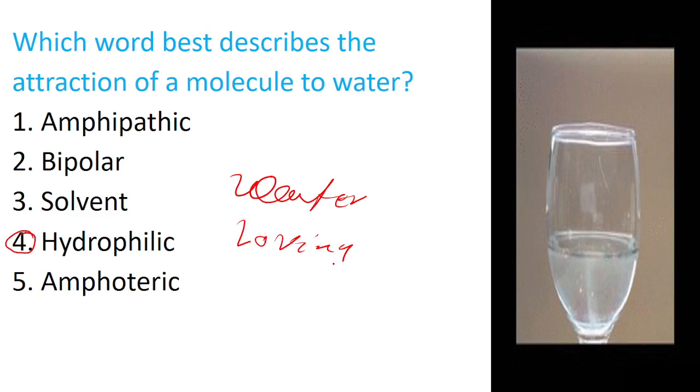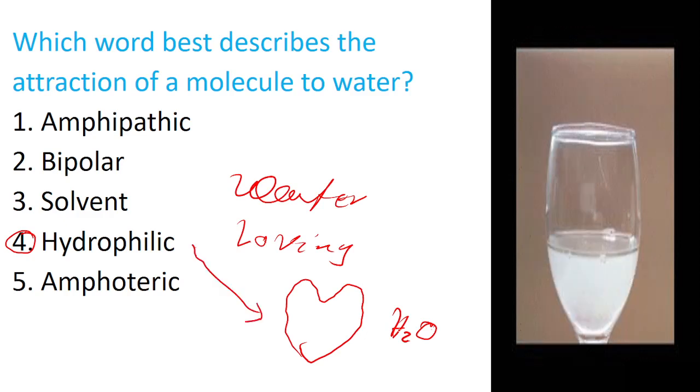Don't know if I still have the skill of drawing a love water, love H2O. So when you talk of molecules that are capable of dissolving in water, that means that they are water loving. So this is the only real love that exists on Earth.